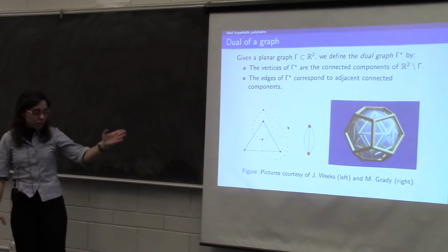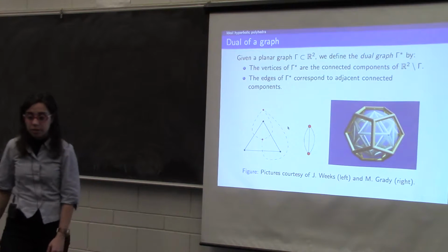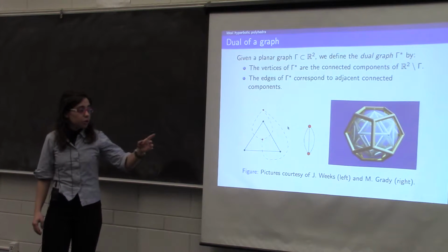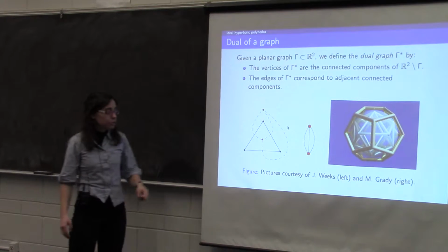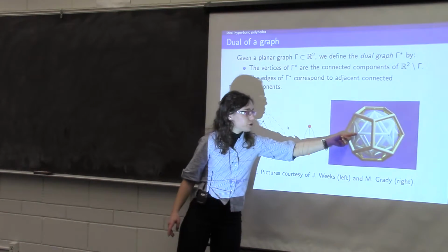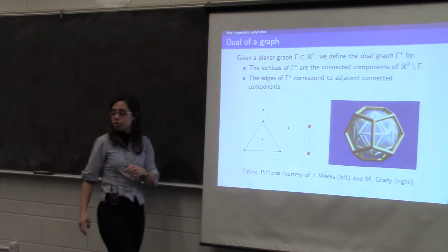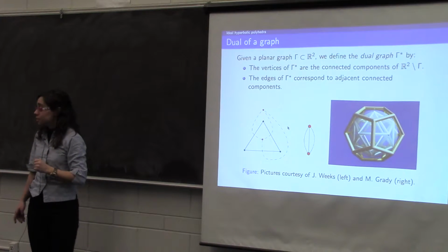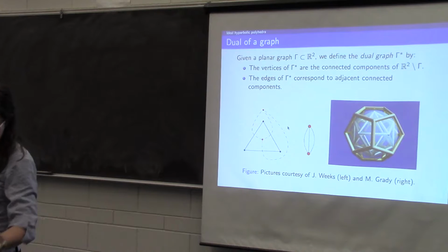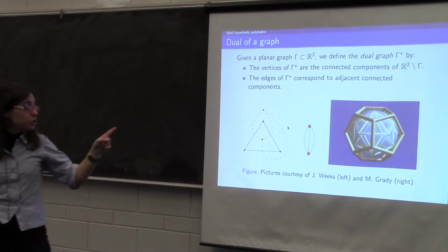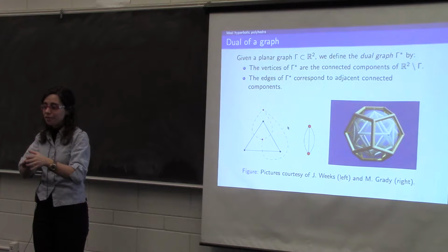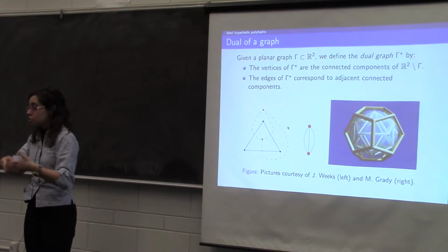Here are two examples of that. One thing will be important later: a vertex in your original polyhedron corresponds to a face in the dual graph. We will also use that the set of edges of the graph coincides with the set of edges of the dual graph.